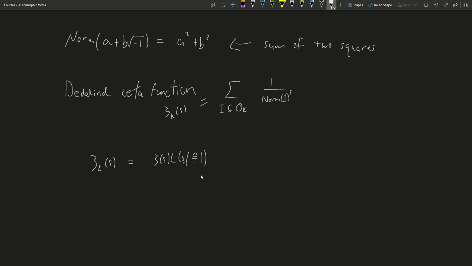Okay, I'm not totally sure if this is L(s, delta over n), or just d over n. So you can look this up. It's well known, but the point is that for quadratic fields K, this Dedekind zeta function factors as this product.